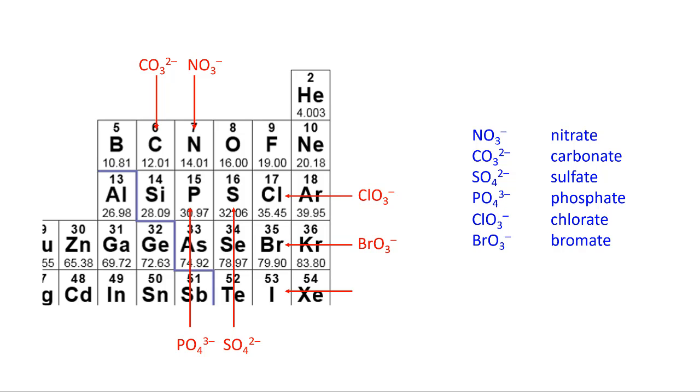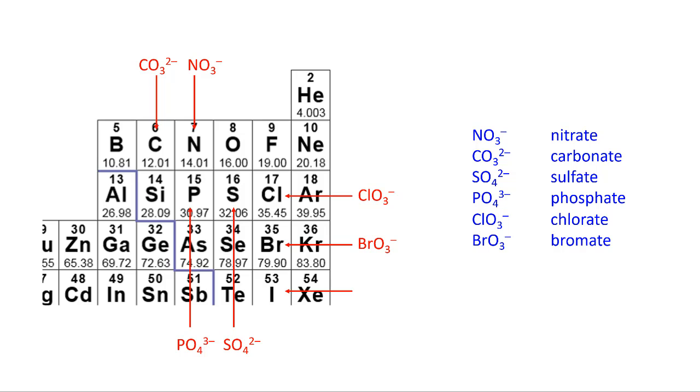As you're writing down these polyatomic ions, I hope that you are noticing that the number of oxygens is a subscript and the charge is a superscript. It's very important that you write these polyatomic ions down with the correct notation. So always put the number of oxygens as a subscript and then the charge as a superscript.